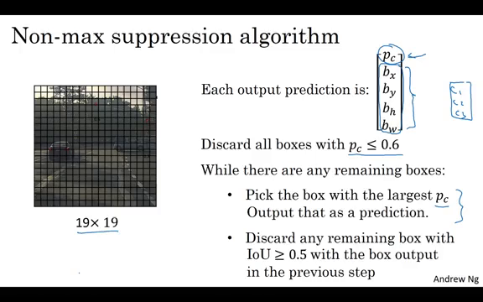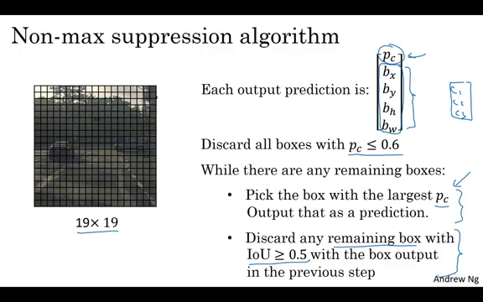Next, you then discard any remaining box, so any box that you have not output as a prediction and that was not previously discarded. So discard any remaining box with a high overlap, with a high IOU, with the box that you just output in the previous step. So this second step in the while loop was when on the previous slide you would darken any remaining bounding box that had a high overlap with a bounding box that we just made lighter, that we just highlighted.